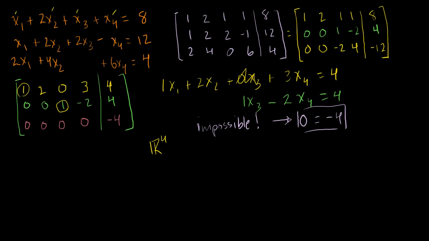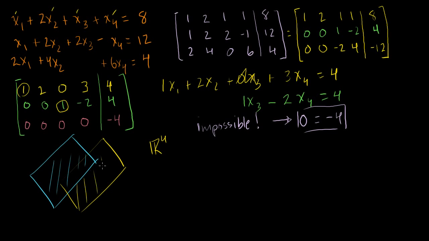But if we were doing things in R3, we can imagine a situation where, let's say we had 2 planes in R3. So that's one plane right there. And then I had another completely parallel plane to that first one. Let me give an example.